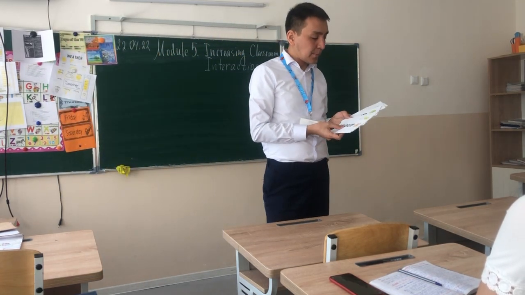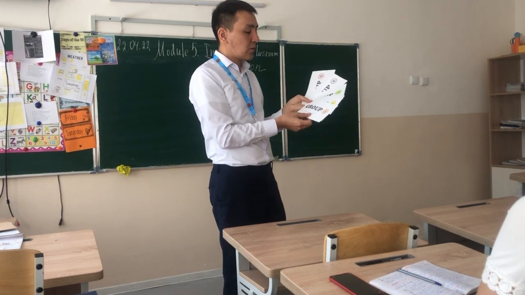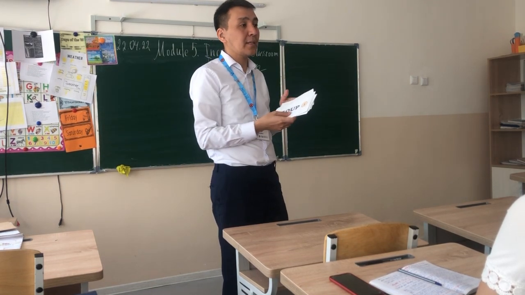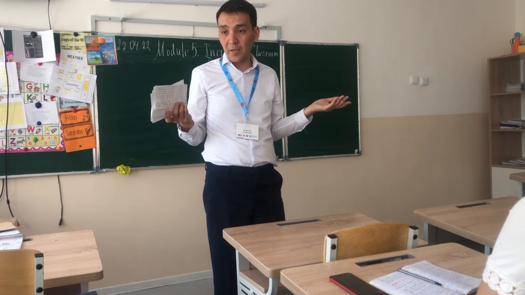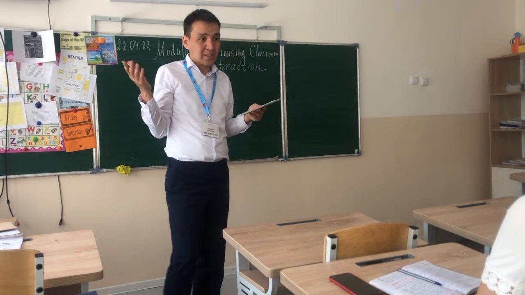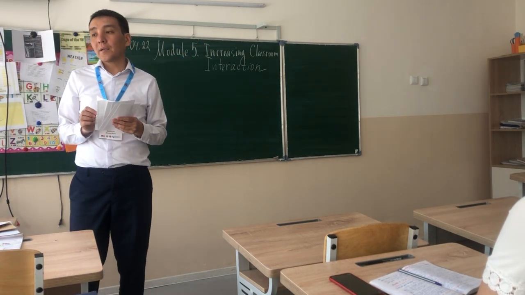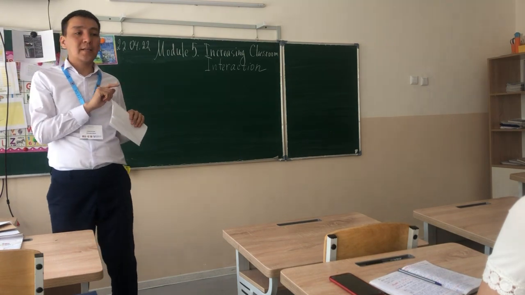I prepared this beforehand: Group 1, group 2, 3, 4, 5. It depends on the number of your students. For example, if I have 15 students, I need 3 groups. I say, okay, let's count. 1, 2, 3.